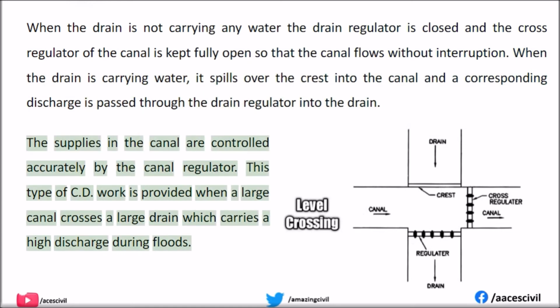The supplies in the canal are controlled accurately by the canal regulator. This type of CD work is provided when a large canal crosses a large drain which carries a high discharge during floods.